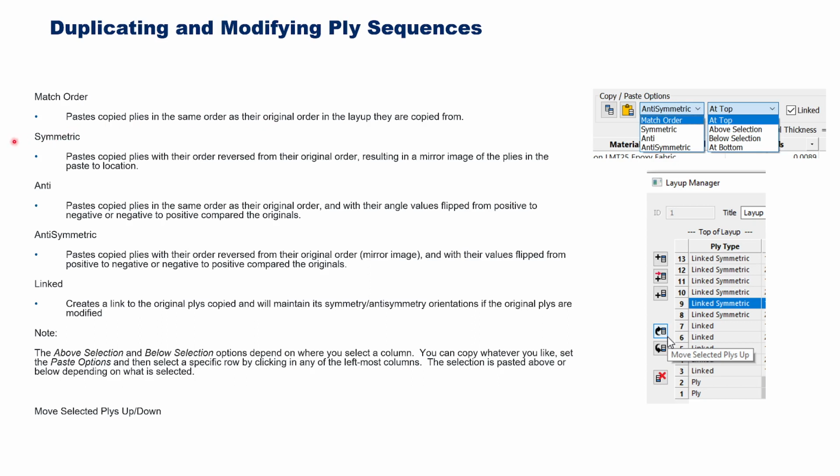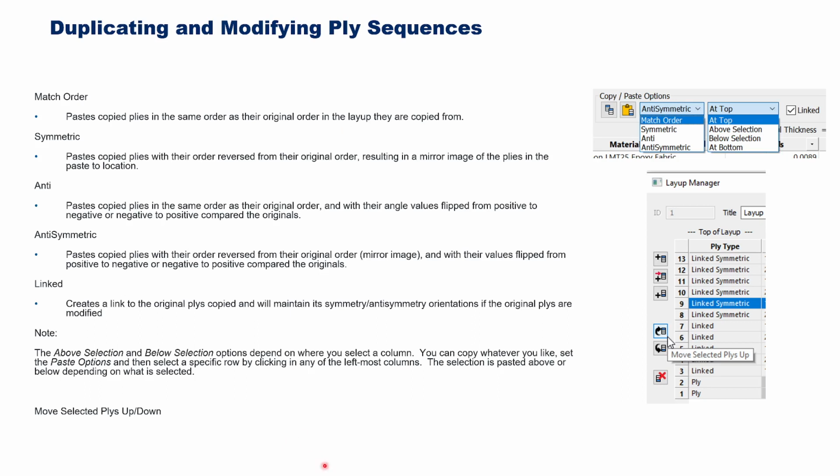When you want to copy and duplicate plies, let's say you've set up half of your layup and you're just going to mirror it because your layup is just mirrored on one side, we've got a variety of different ways to do that, and not necessarily if they are mirrored. For example, match order here will copy the plies in the same order as the original order in the layup.